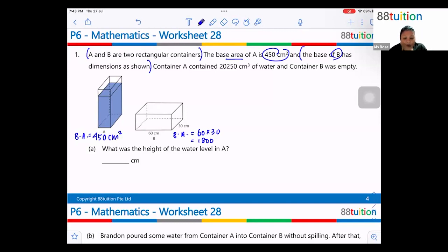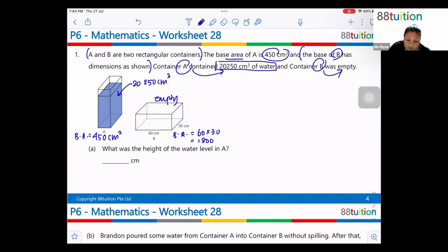Now, container A contains this amount of water, and container B is empty. This contains 20,250 cm cube of water.